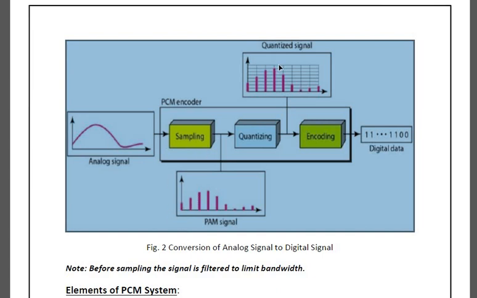Then the quantizer approximates each input signal to prefixed values, and to these prefixed values you assign bit stream values, and that data is in terms of zeros and ones. So this is how your analog signal is converted into digital form. Now this was your conversion of analog to digital.